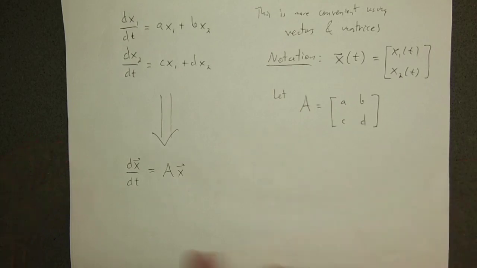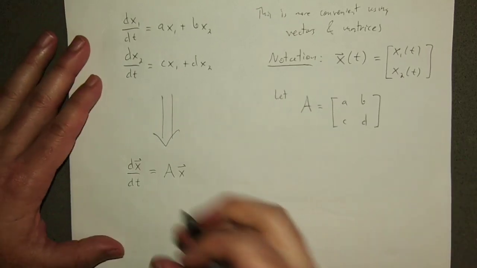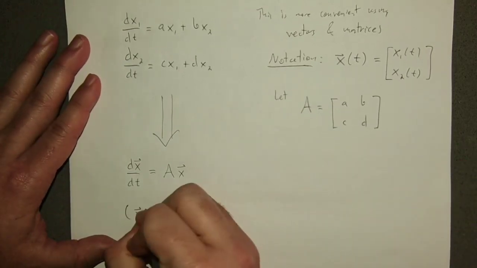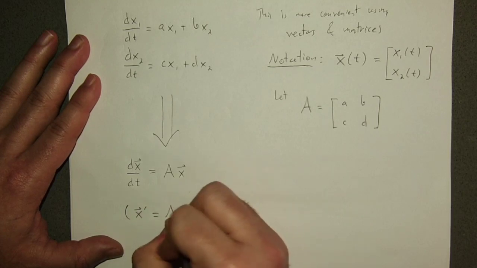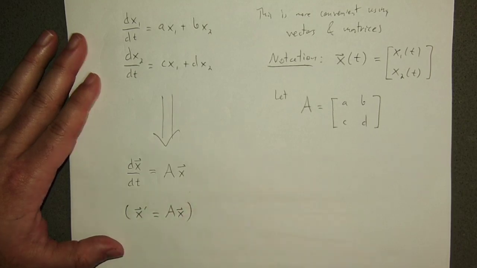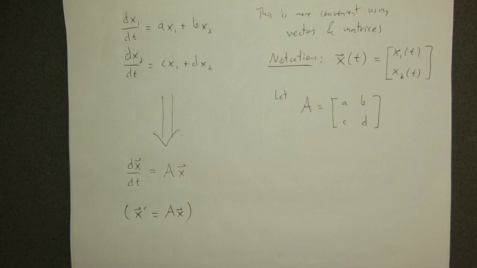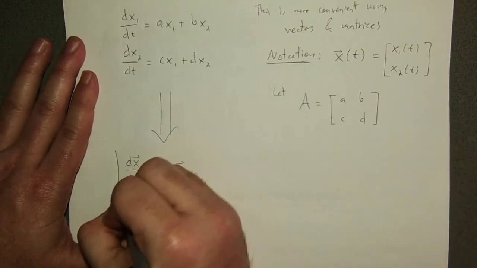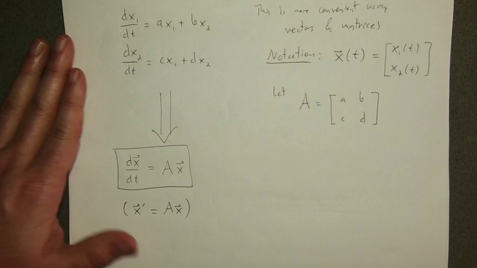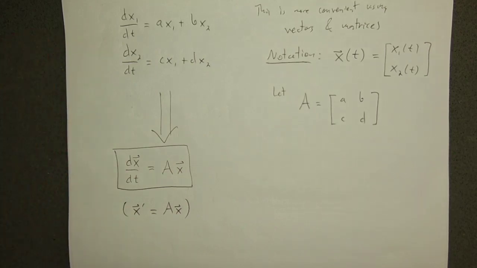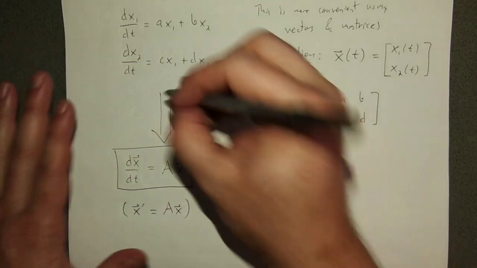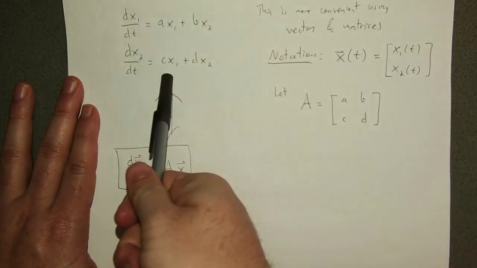Another way you might see this written is x prime is equal to Ax. This is the notation we're going to be using throughout the rest of this chapter. So when you see notation like this, this is what we mean.